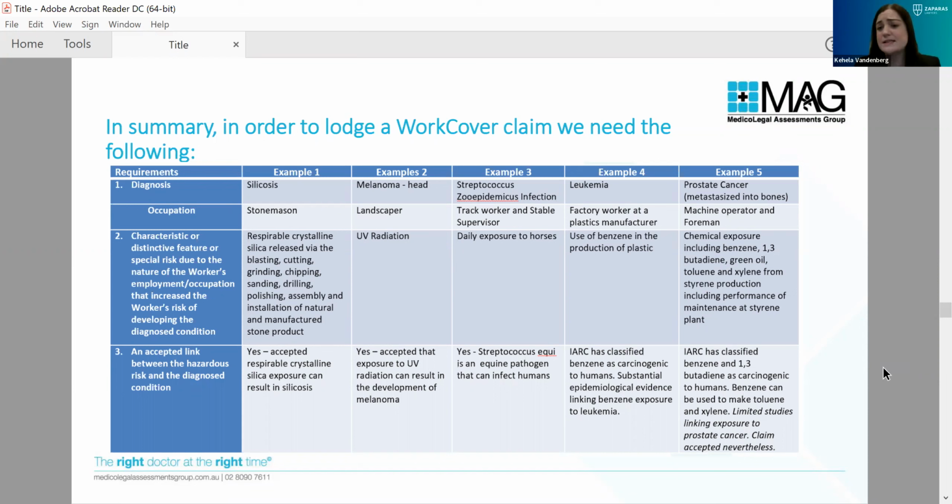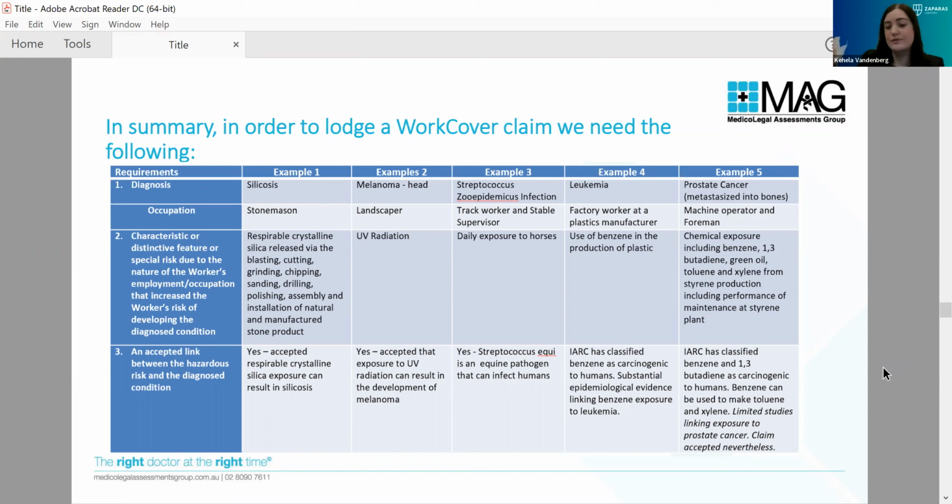And then the last example is prostate cancer. Older men can be prone to developing prostate cancer, but this particular gentleman worked as a machine operator and foreman in a styrene manufacturing plant back in the day. He gave some very technical explanations about all the processes, but essentially he was exposed to numerous types of chemicals.